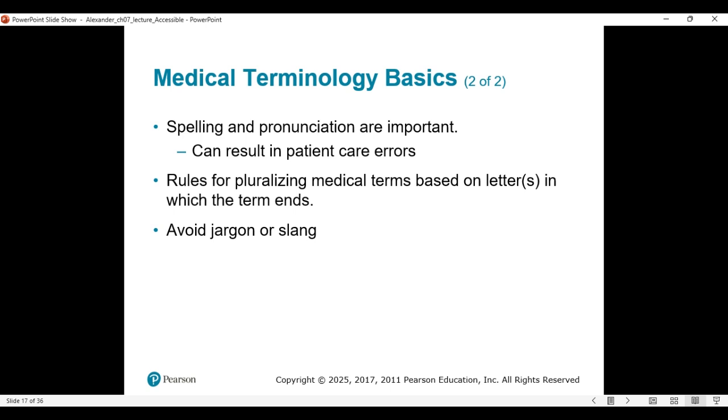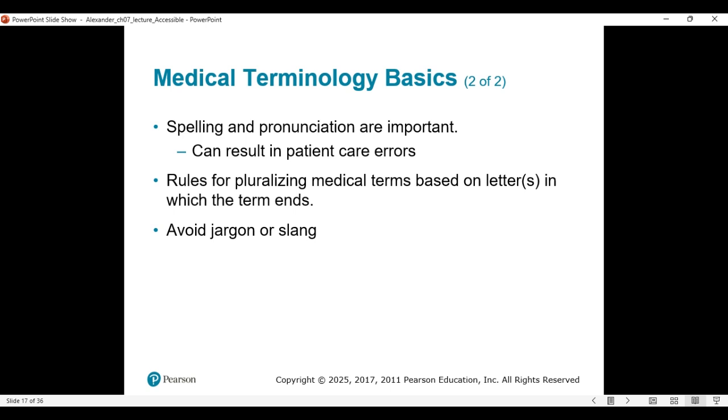There are different rules for how you pluralize a medical term. It's based on how it ends. And then we're going to try to avoid jargon or slang, especially when we're talking to patients, because they don't understand the medical jargon or slang. Even sometimes the doctors and nurses don't.